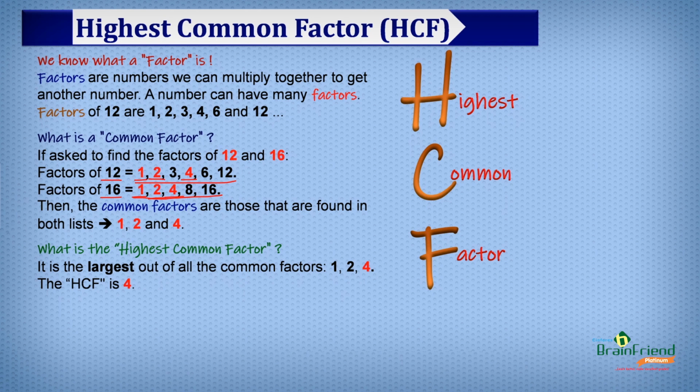So 1, 2, and 4 are common factors of 12 and 16. Now, the highest common factor, which is HCF, is 4, because 4 is the largest among these numbers we listed earlier on. So we can say that 4 is the highest common factor of 12 and 16. HCF simply stands for highest common factor.